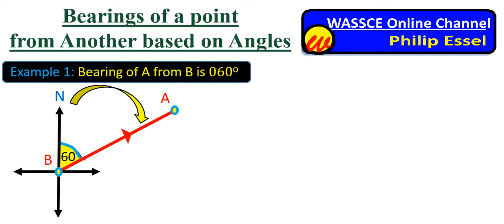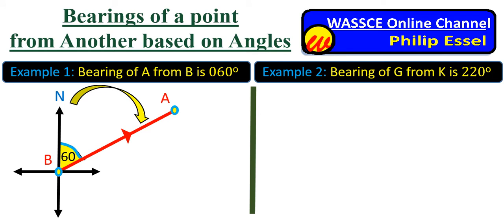Let's look at another example. Example 2. Bearing of G from K is 220 degrees. Let's represent this using a diagram. We would first draw our cardinal point.